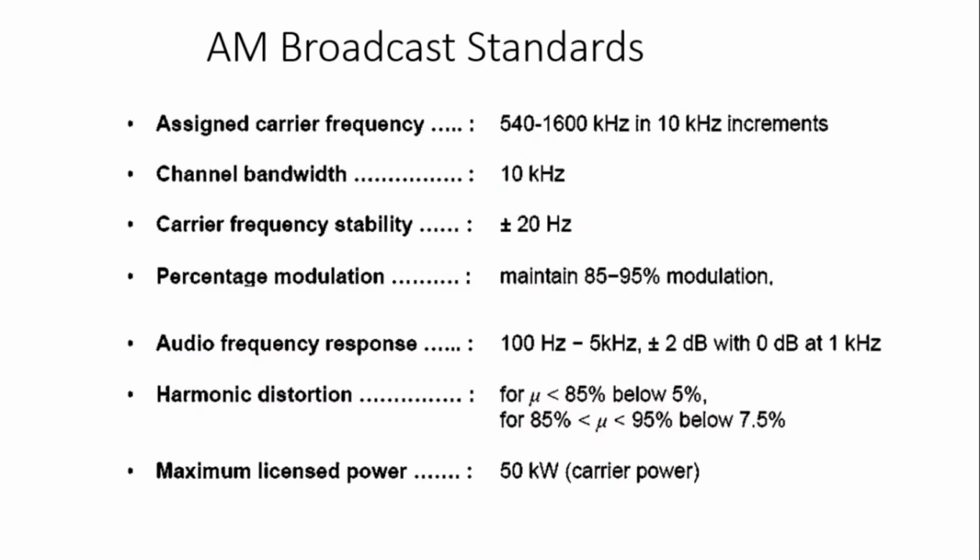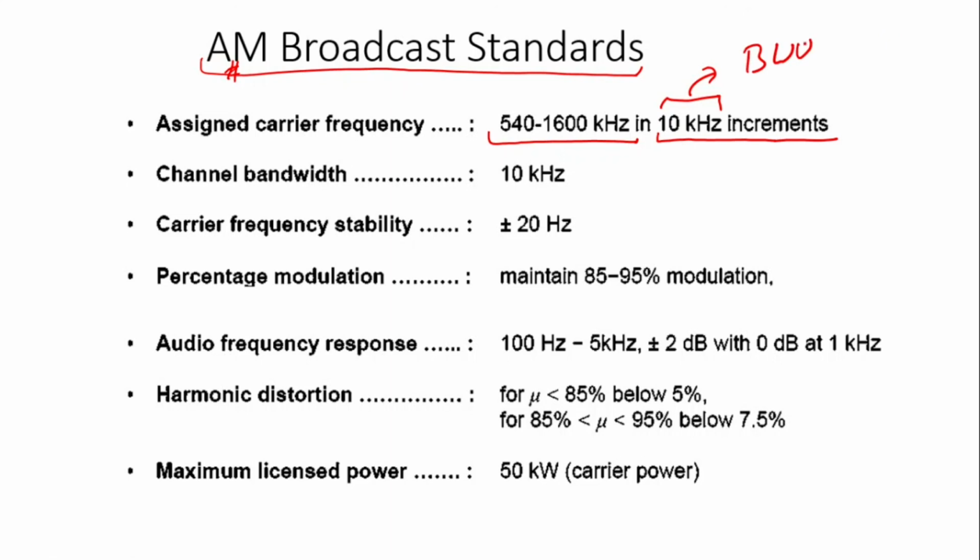Now let us conclude the discussion by discussing some of the broadcast standards of AM, right? In most countries, the AM frequency starts from 540 kilohertz and goes up to 1600 kilohertz, with an increment of 10 kilohertz. So this 10 kilohertz means that the bandwidth of a given station is actually 10 kilohertz.